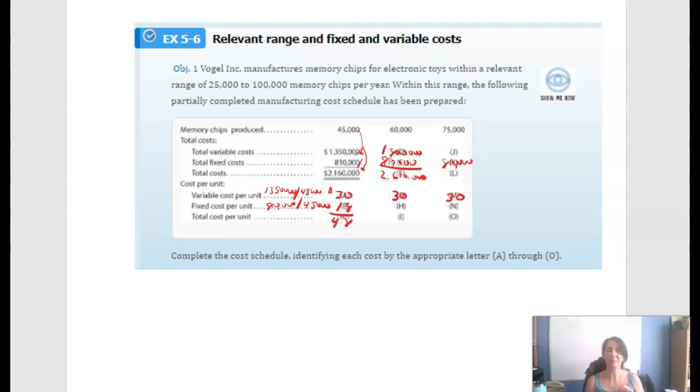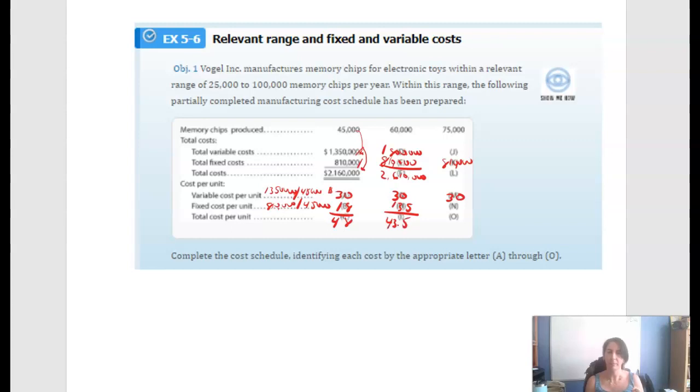Okay. The fixed cost per unit, we're going to take the 810,000 and divide it by 60,000. So remember when I talked about this teacher salary, that the more students you spread it over, the lower the fixed cost per unit. So now it's 810 divided by the 60, and you're looking at 13.5. So now the total cost per unit is 43.5.